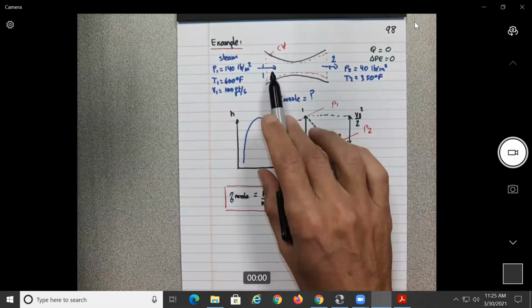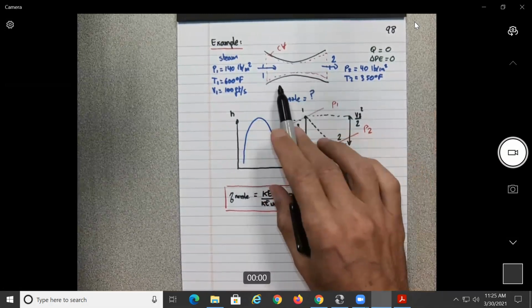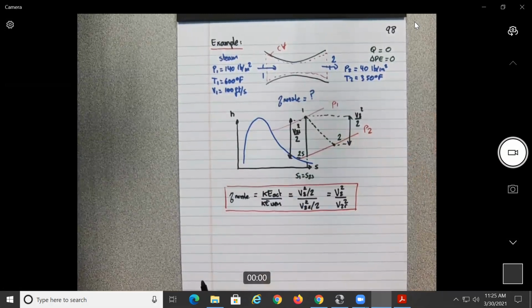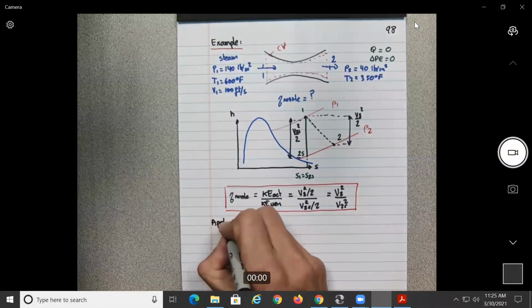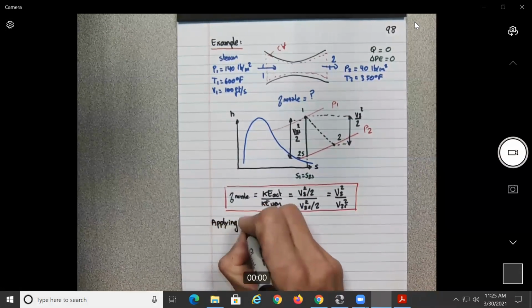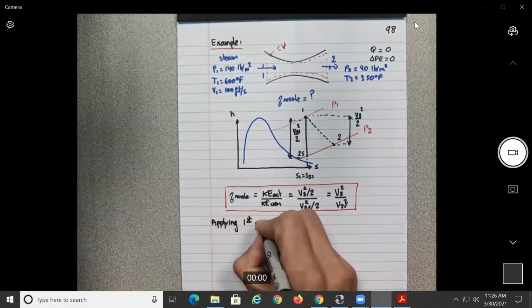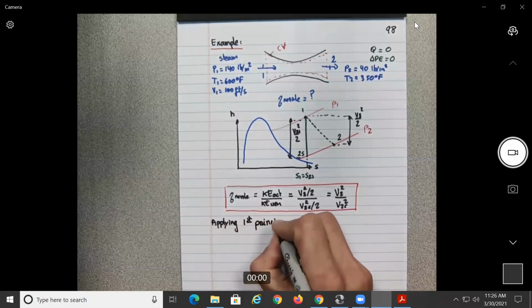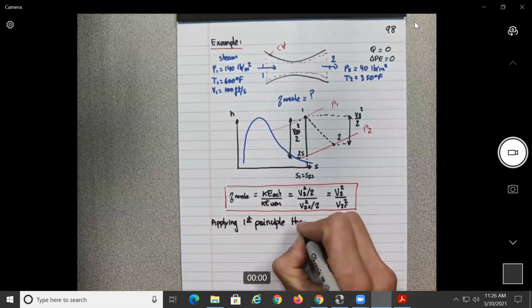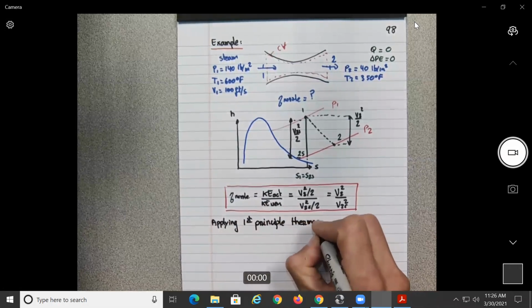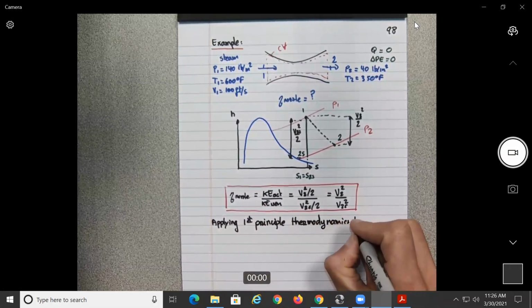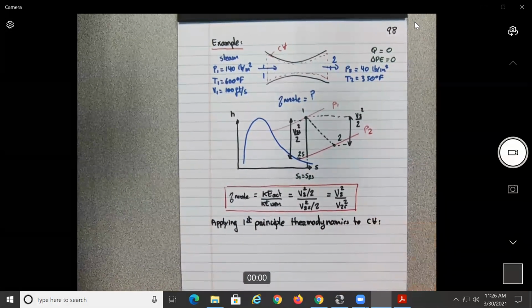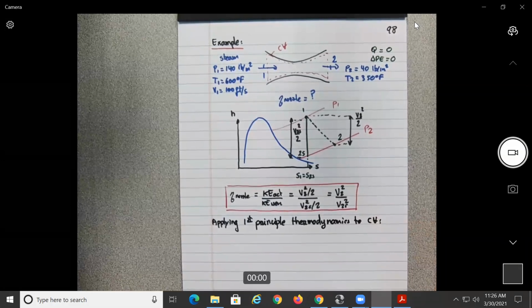So we have the control volume. What type of system is this? This is a control volume, or an open system. So we can say, applying the first principle of thermodynamics to the control volume, what are you going to have?